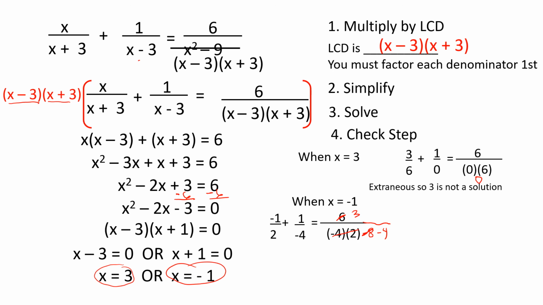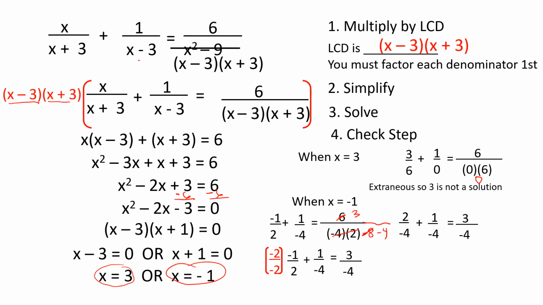And so before I can do anything on the left-hand side, I have to get a common denominator. And so we want that common denominator to be negative 4. So I'm going to multiply that first fraction by negative 2 over negative 2, because remember I want negative 4 for my denominator. And so now we have negative 4s across the board. We have a common denominator.